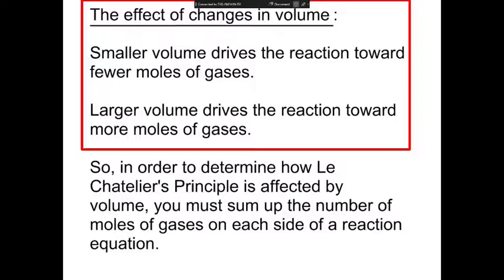The important stuff I put in the box here: decreasing the volume, or having a smaller volume, drives the reaction toward whichever side has fewer moles of gases. Larger volume drives the reaction toward whichever side, whether reactants or products, left or right, has more moles of gases.